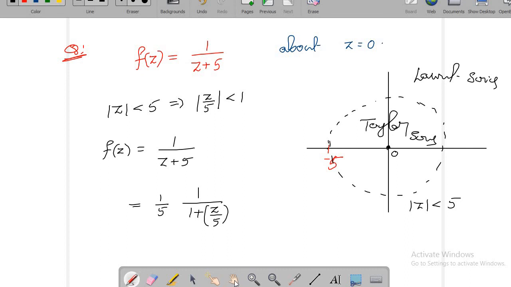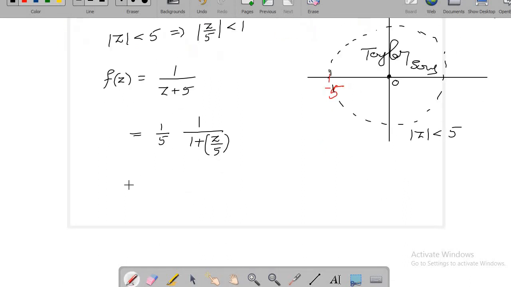Now I can apply this formula 1 by 1 plus x. When mod x is less than 1, we can write the expansion. So this is summation n equal to 0 to infinity, 1 by 5 into minus z by 5 whole power n. That's it.